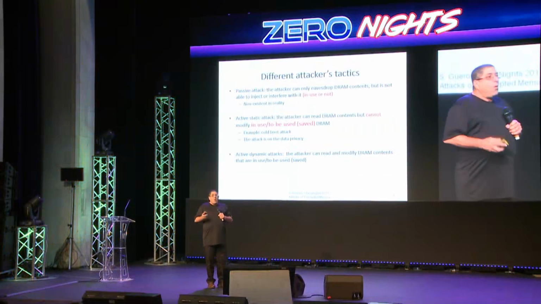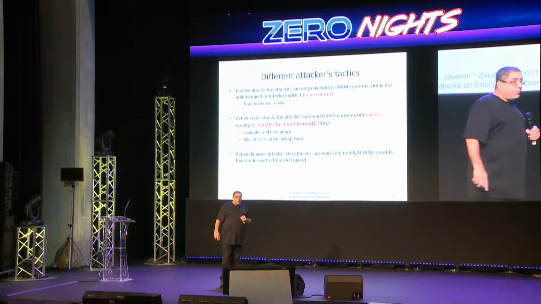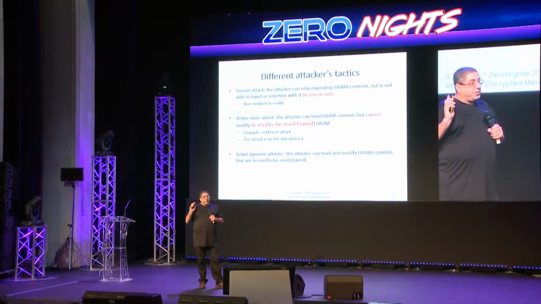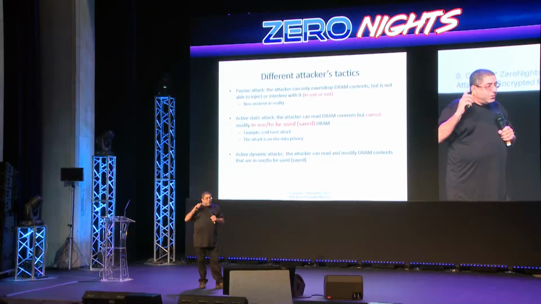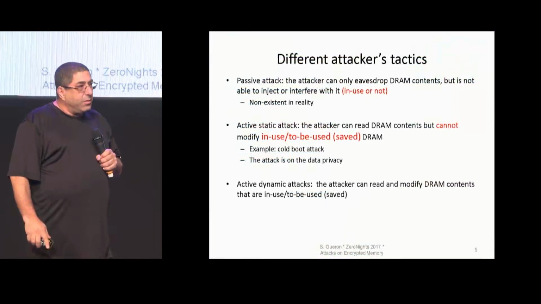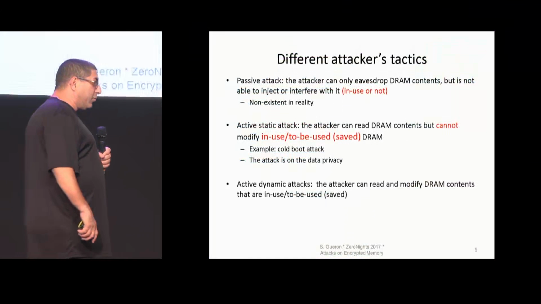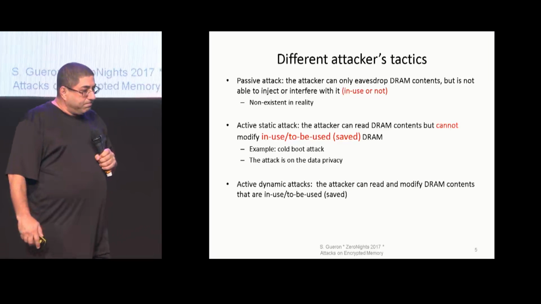So, what in general are the strategies of an attacker? There is a passive attacker. He can only read, eavesdrop the DRAM, but cannot inject any modification into it. In reality, this scenario doesn't really exist, because if you have the tools to read the memory, the same tools can be used to write the memory.